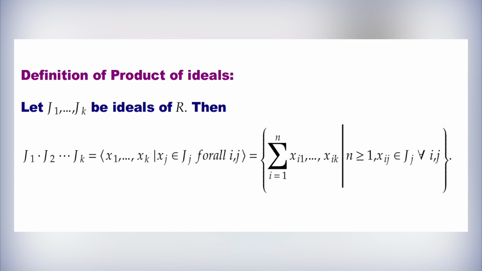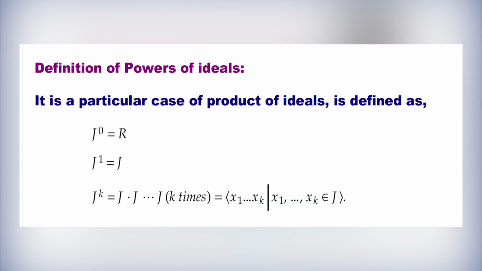That is equal to the set of all sums of xi1 xi2 ... xik, such that n is greater than or equal to 1 and xij belongs to Jj for all i, j.